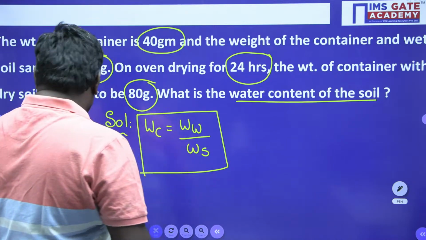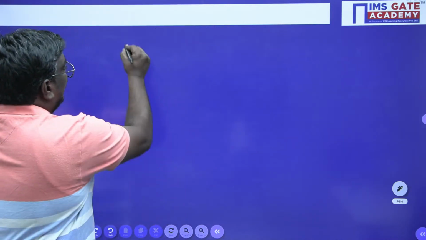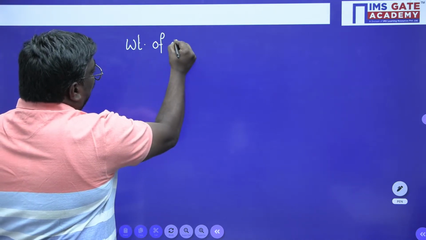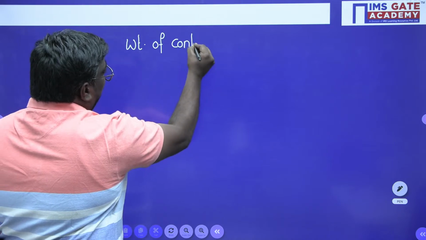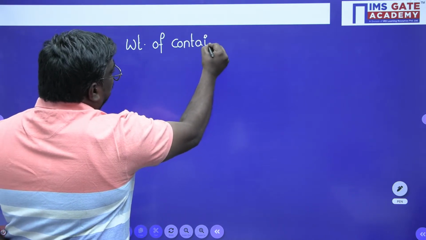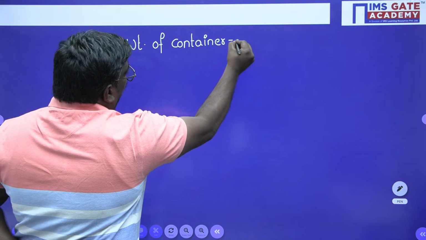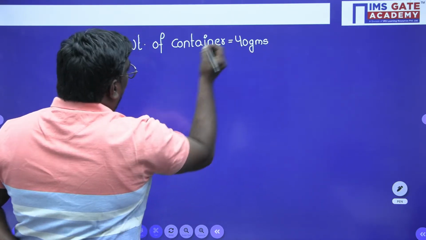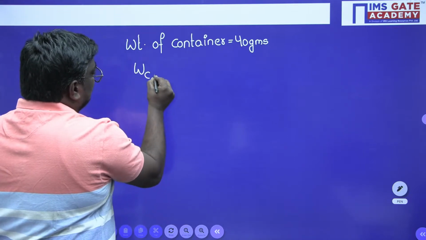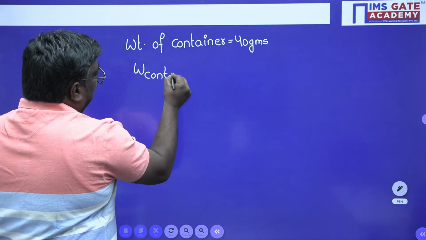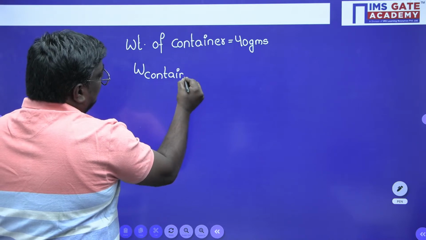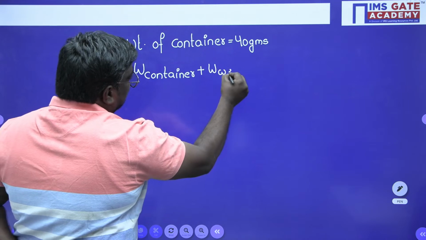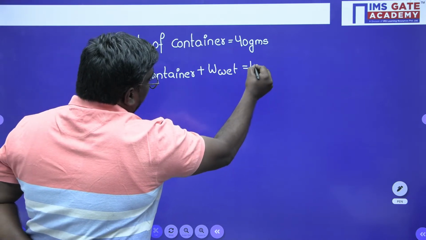See students, the weight of the container is given clearly in the problem. It is 40 grams. The weight of container plus weight of wet sample is given as 100 grams.